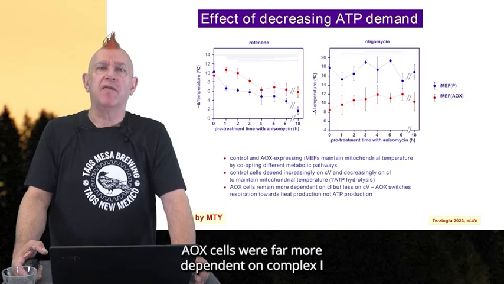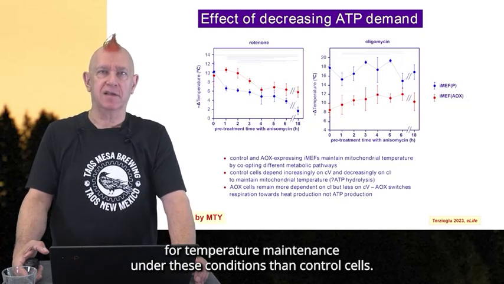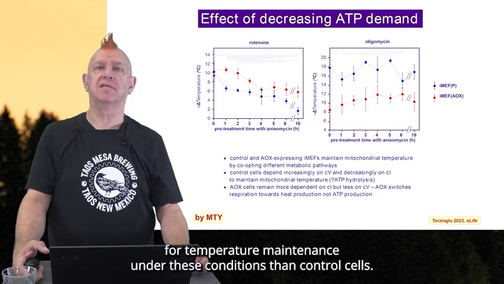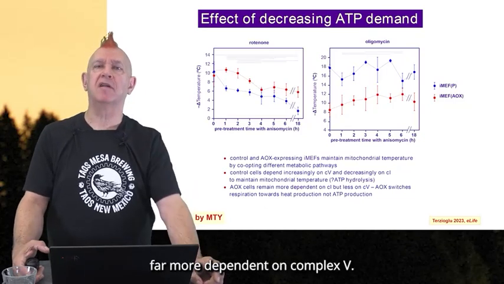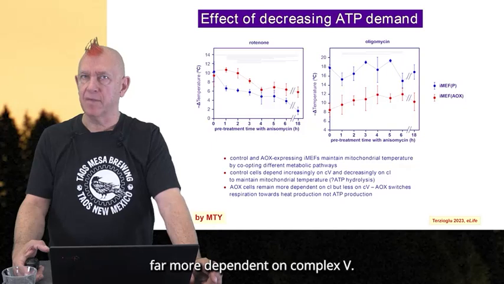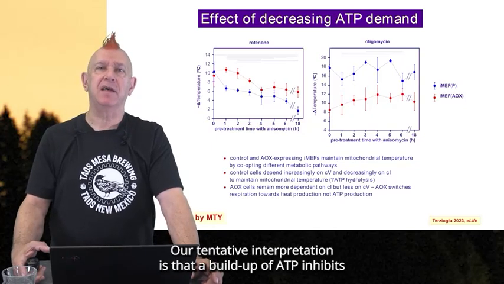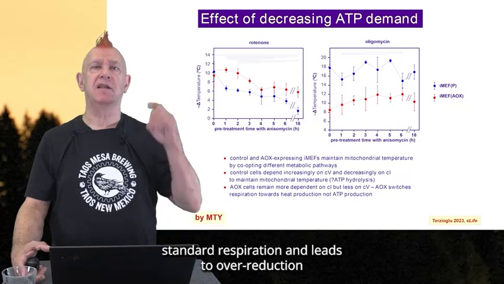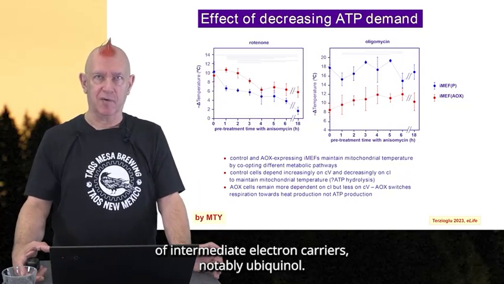AOX cells were far more dependent on complex 1 for temperature maintenance under these conditions than control cells. Conversely, control cells were far more dependent on complex 5. Our tentative interpretation is that a buildup of ATP inhibits standard respiration and leads to over-reduction of intermediate electron carriers, notably ubiquinol.